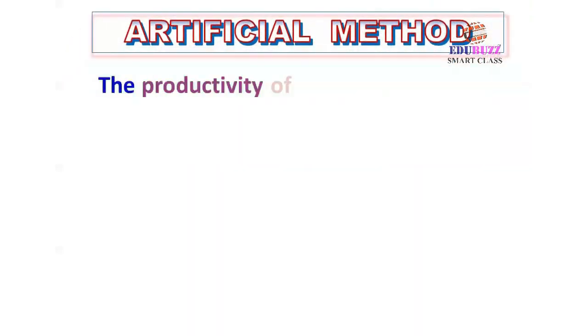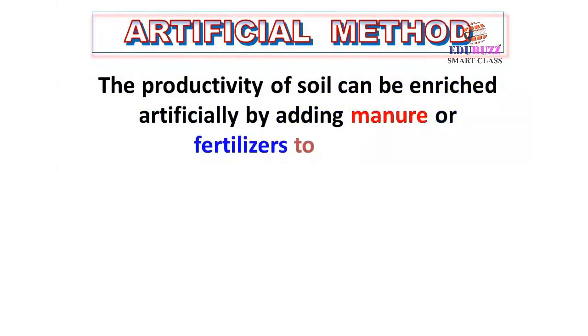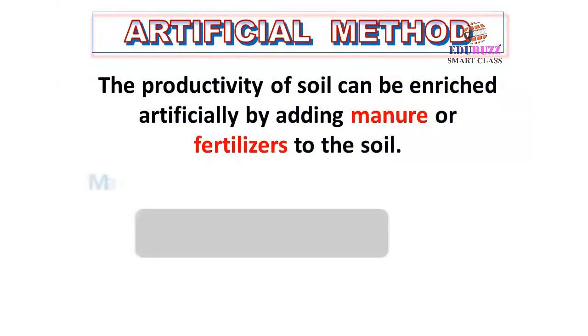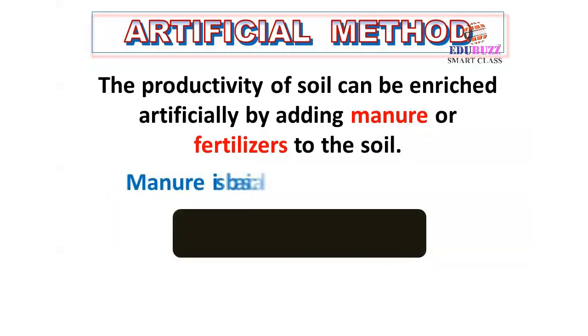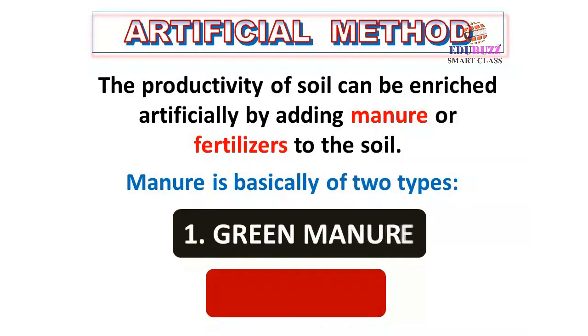Artificial method. The productivity of soil can be enriched artificially by adding manure or fertilizers to the soil. Manure is basically of two types: green manure, compost.